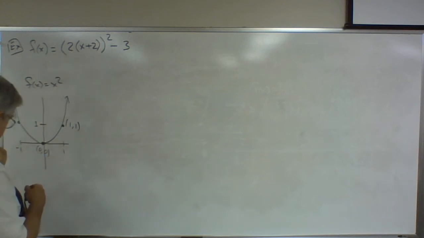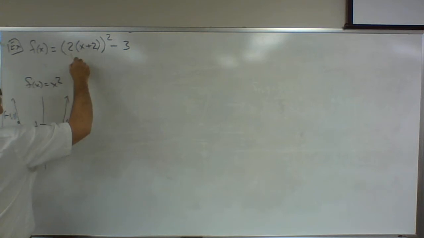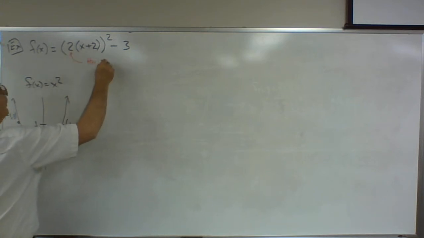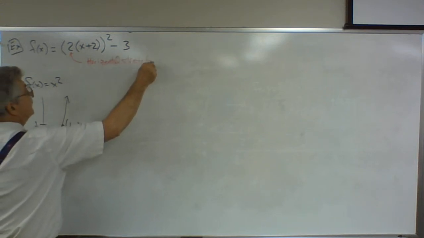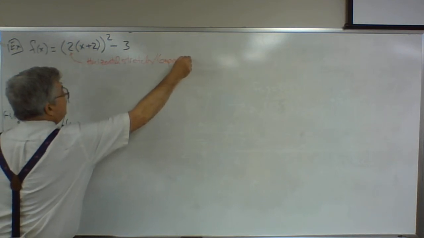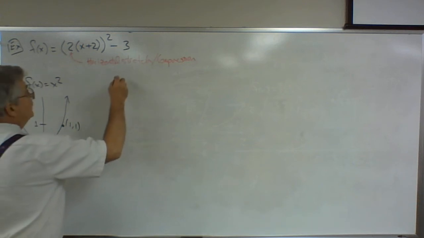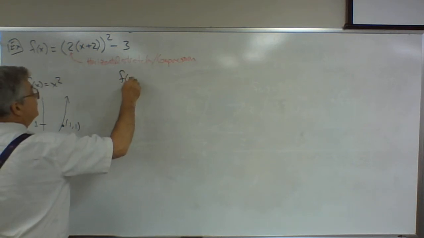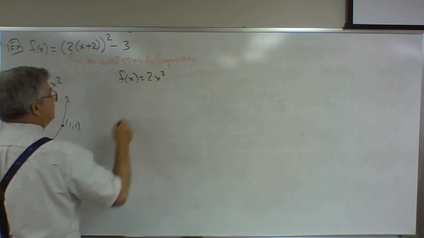And let's see, what does this do? Horizontal stretch or compression? I'll use as my reference the function f of x equals 2x squared.